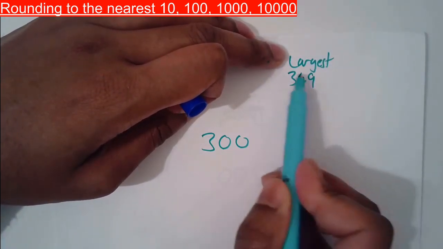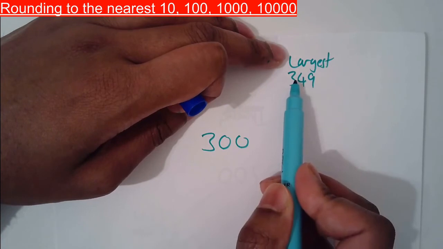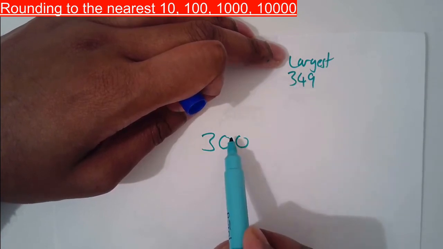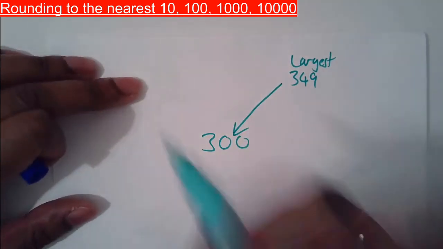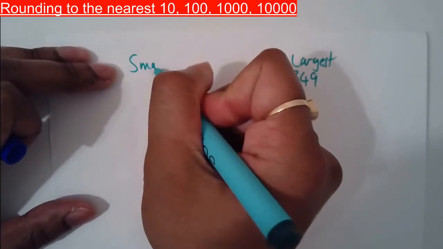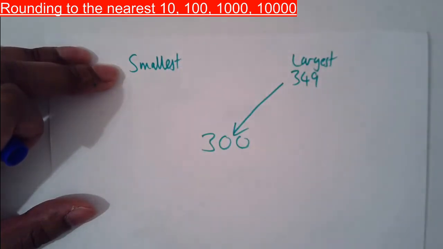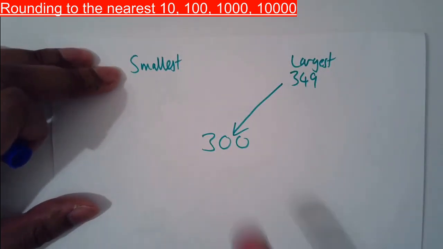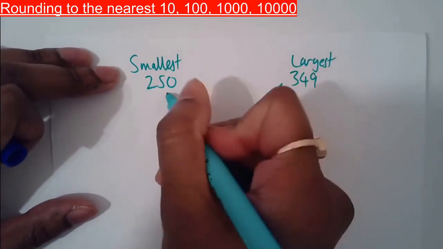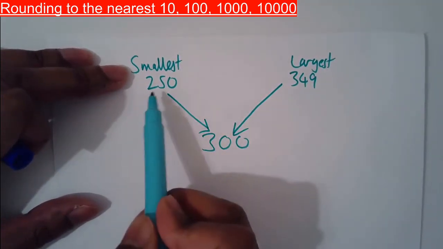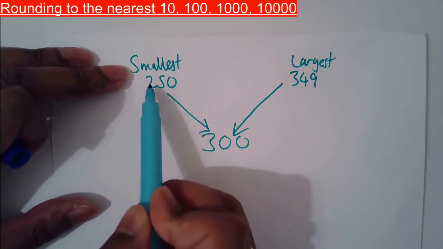If you round that to the nearest 100, you get 300. Right? And the smallest number, which when rounded to the nearest 100 to give you 300, is going to be 250. Think about it. 250 to the nearest 100 does give you 300.